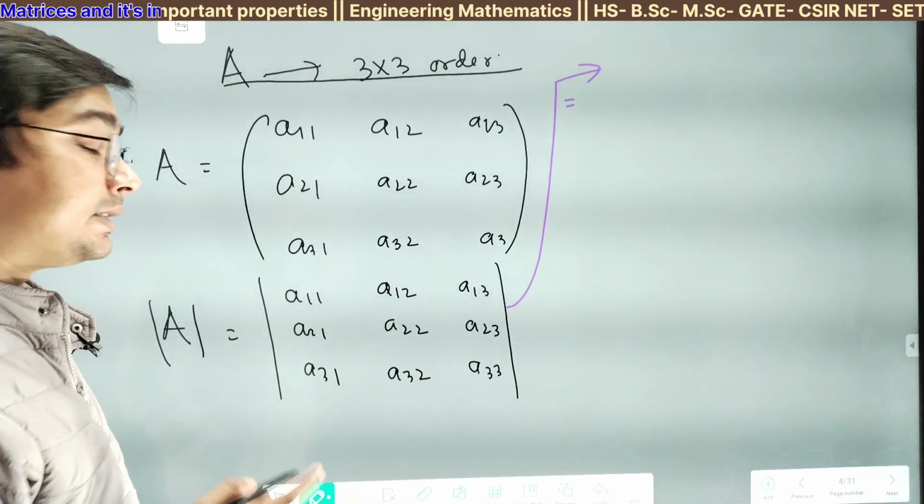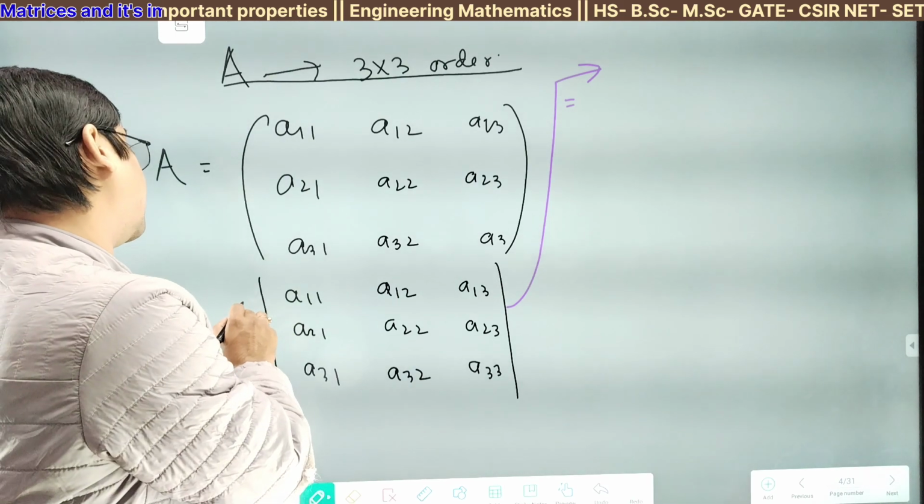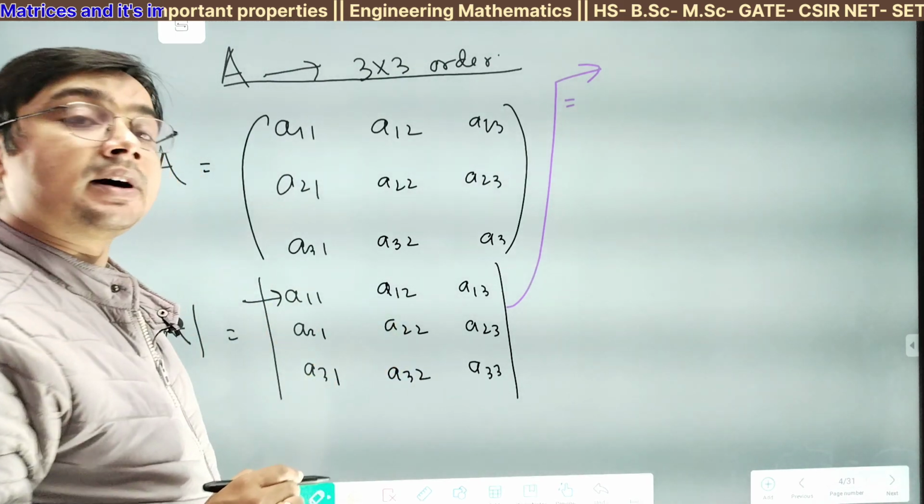First of all, we choose or select any row or any column. Here I consider the first row.